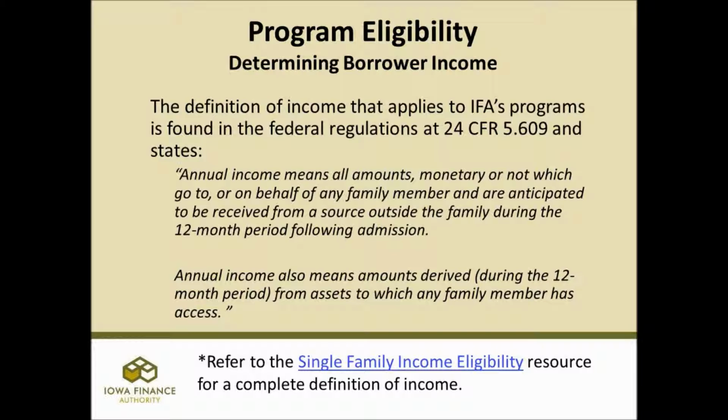When determining whether a borrower meets that income limit or the applicable limit, depending on which program you're looking at, we have a little different way of looking at income than you would typically for underwriting.